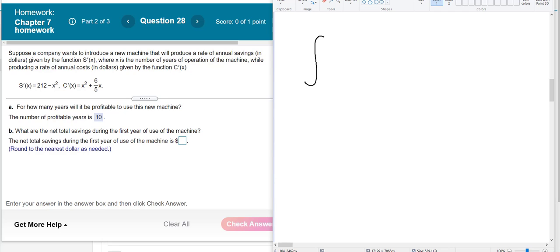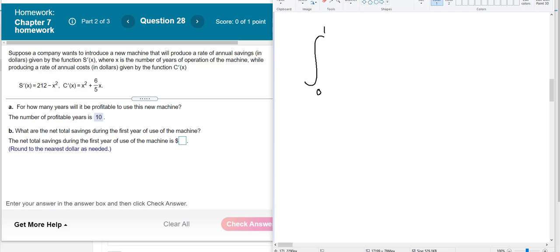Remember, if you have a curve here and a curve here, you need to know the upper one because you're going to subtract the bottom one. So we're only going 1 year out, so we need to pick a value between 0 and 1 to figure out which one is higher at that point.